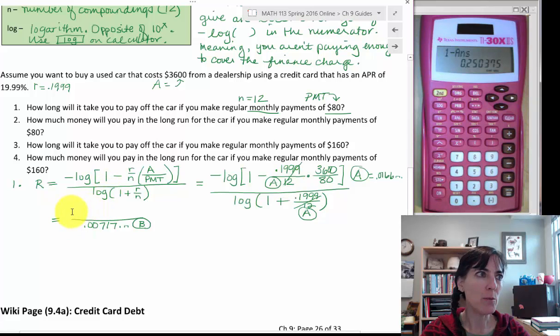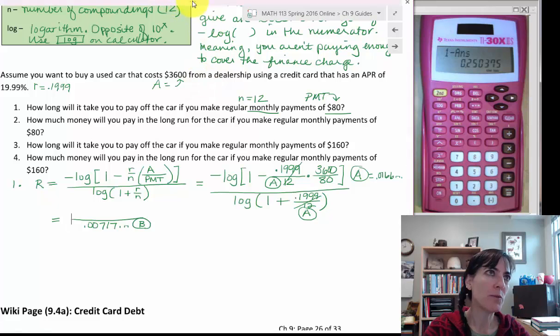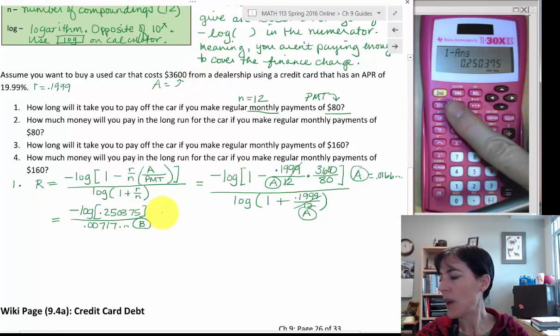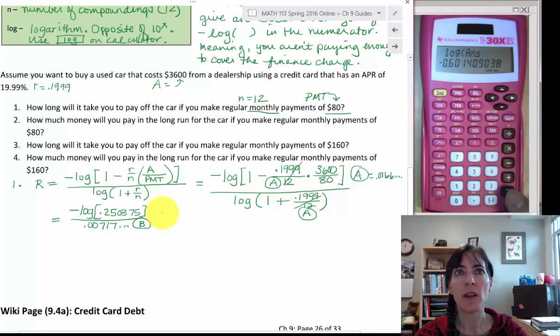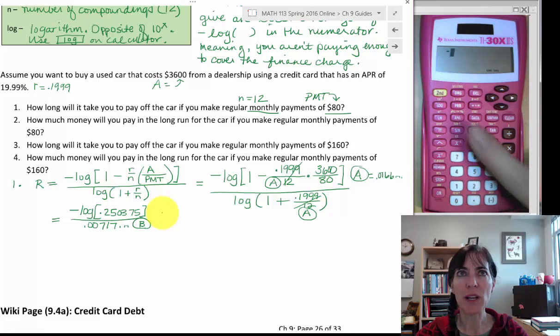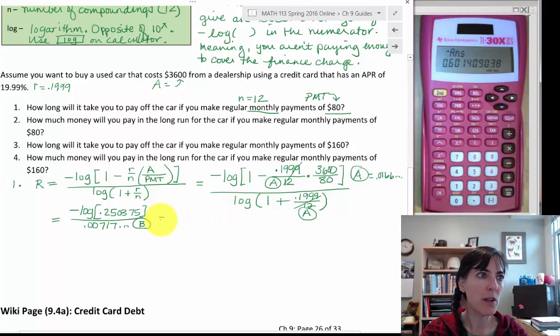And then for that, I'm just going to write this here. And then I will take the log of that answer. And then I will switch the sign by using this button just straight up, not with the shift. So I'll do negative and then answer. And it turns it positive for me. So now I have 0.6014 divided by 0.00717.